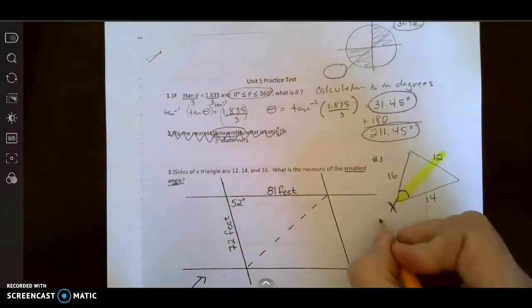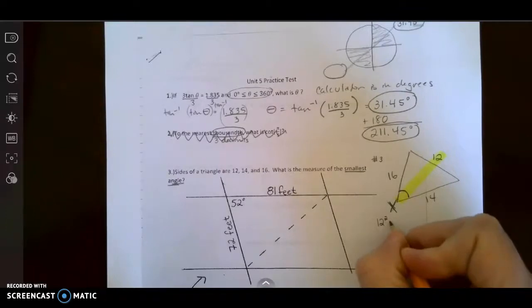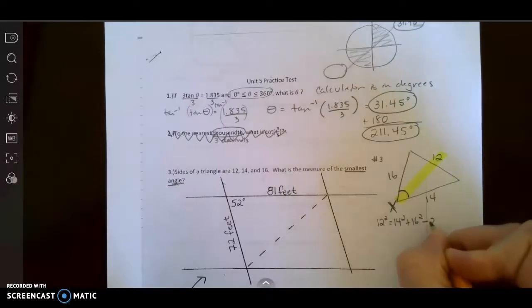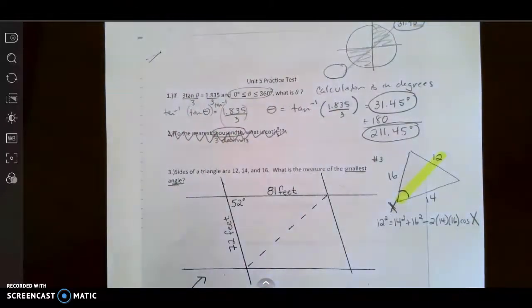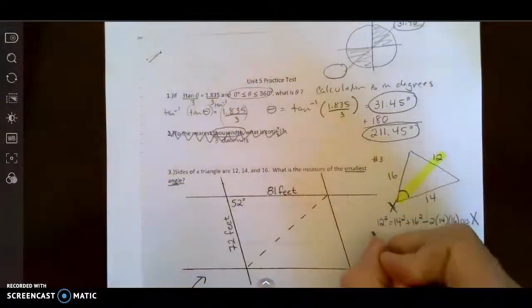And so I'm going to use law of cosines. Remember the part that's highlighted, that's going to be the 12 squared equals 14 squared plus 16 squared minus 2 times 14 times 16 times the cosine of x. So I'm going to use my calculator. I know what 12 squared is.